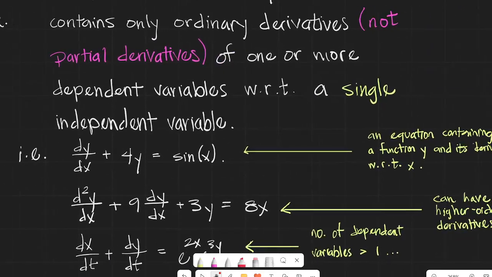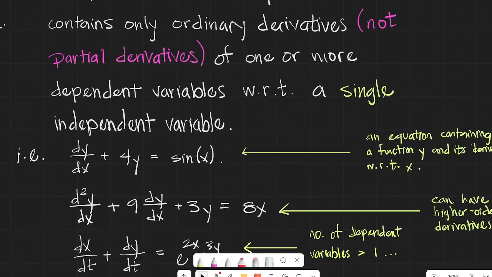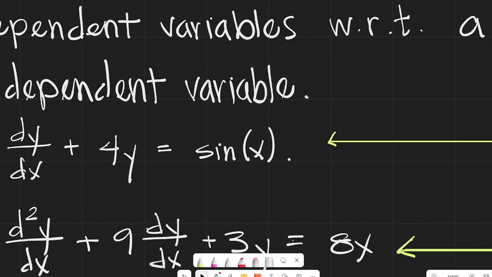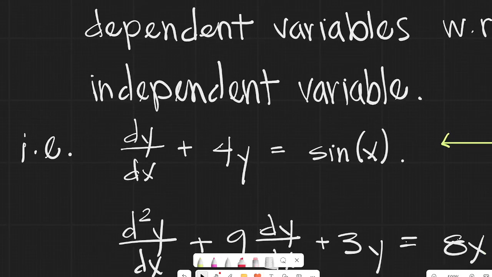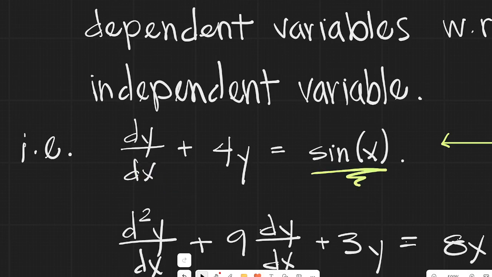This right here is an equation containing a function y and its derivative with respect to x. So you can see we have y here, and then we have the derivative of y here, with respect to x. And then we have this thing over here that we'll talk about later. It's called a forcing function. We're not going to talk about that yet, but that will be used in future methods of solving differential equations.